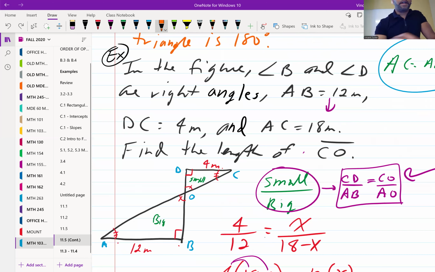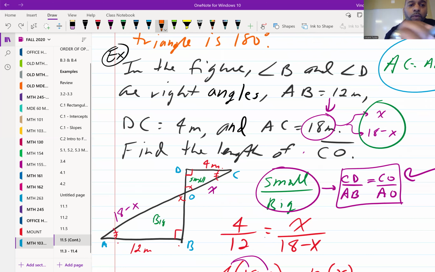So we want to find CO, which is this right here. But they give us this whole line, which is AC. So what we can do is break that up into two pieces. They give us this total right here, which is 18.